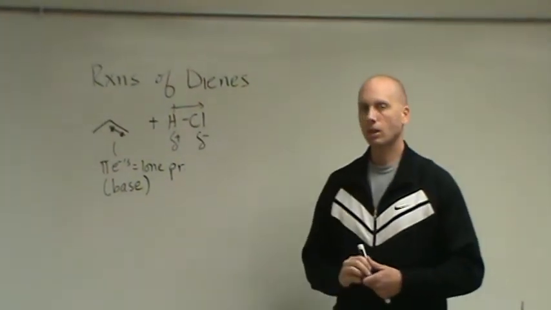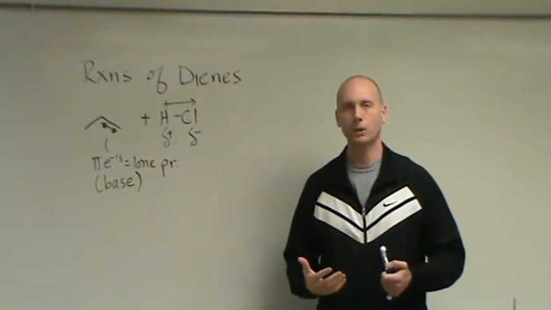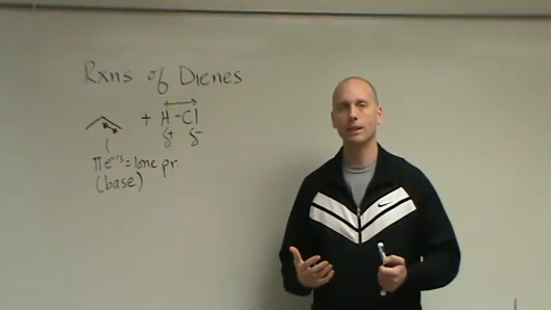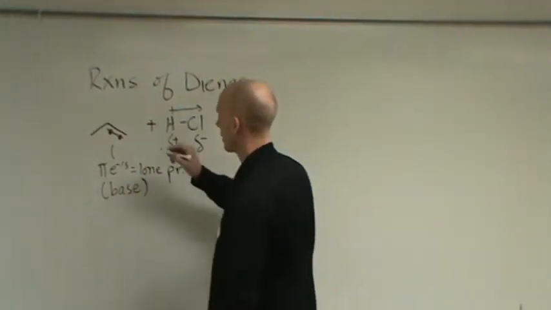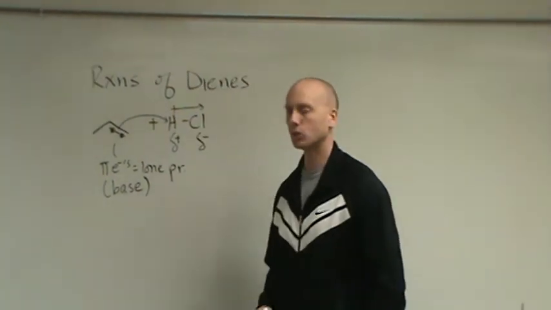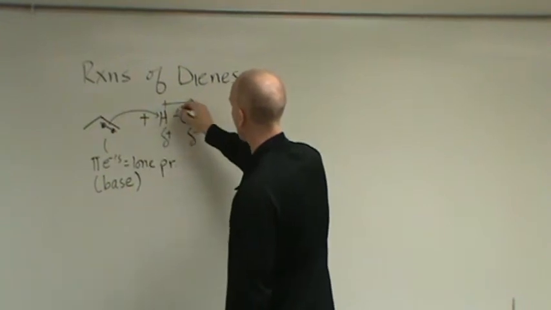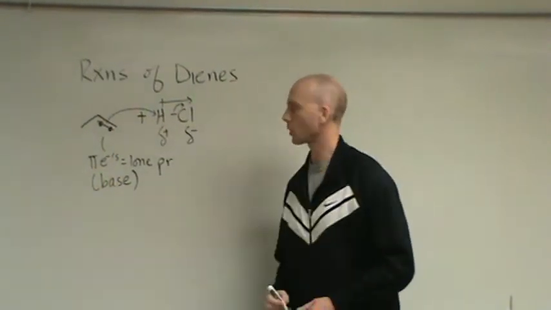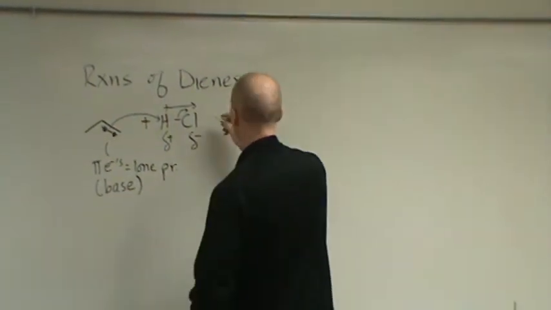And so this kind of alkene reaction is really an acid-base reaction. And remember, our mechanism for acid-base reactions is that the lone pair, or here the pi electrons, attack the delta plus on the hydrogen, and the chlorine gets kicked off.